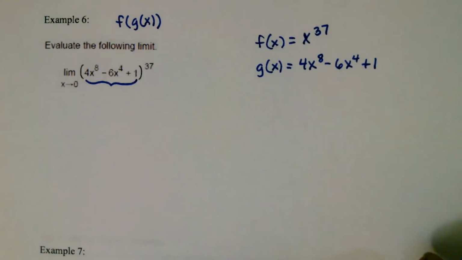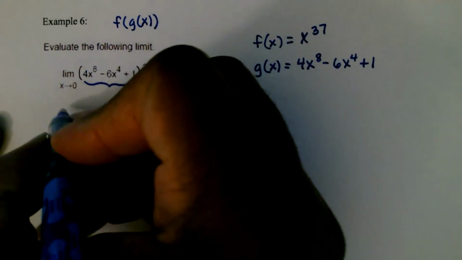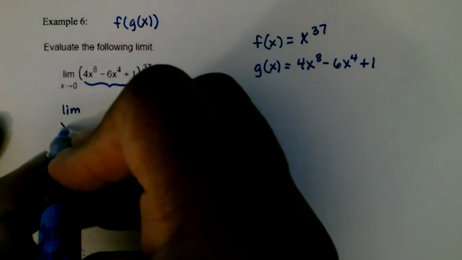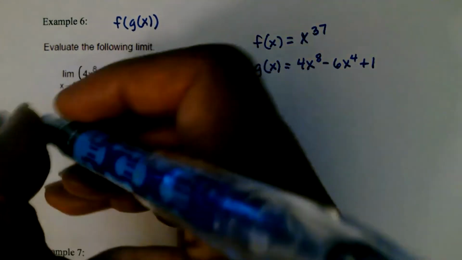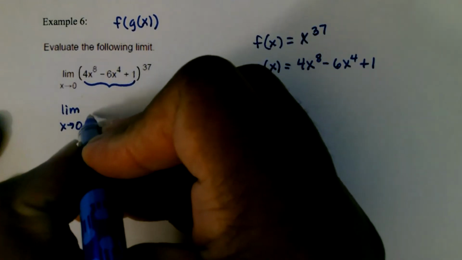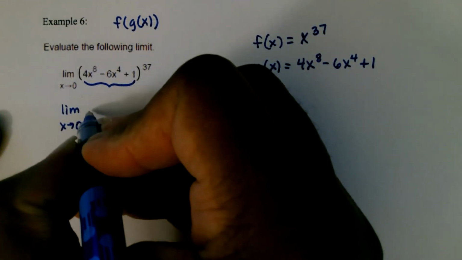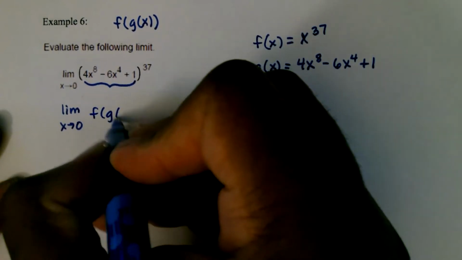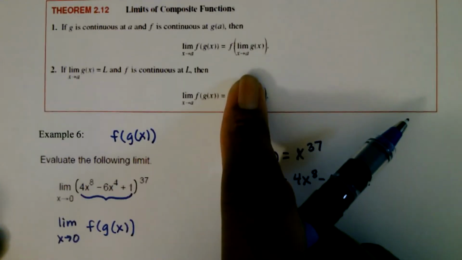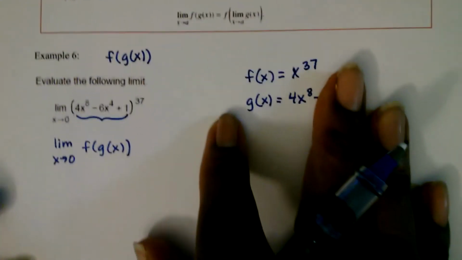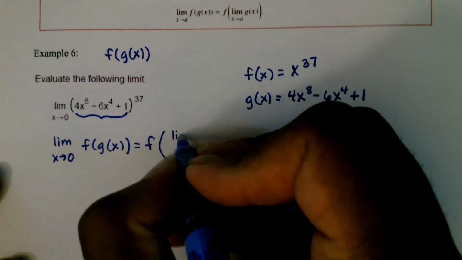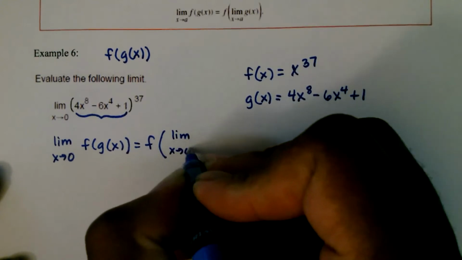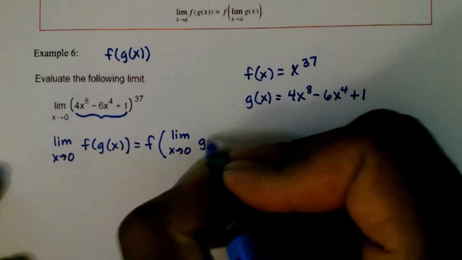All right, so now let's start by taking the limit as x approaches 0 of, well, we know it's going to be f of g of x, but I can apply that rule up here and write that as f of the limit as x approaches 0 of the function g of x.